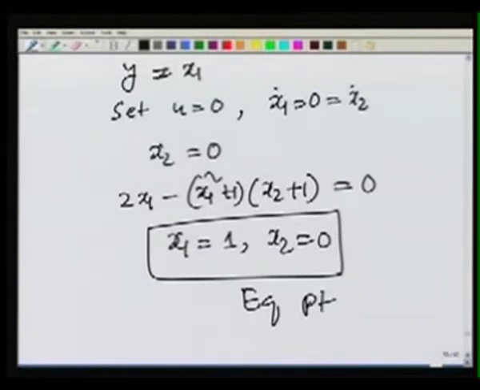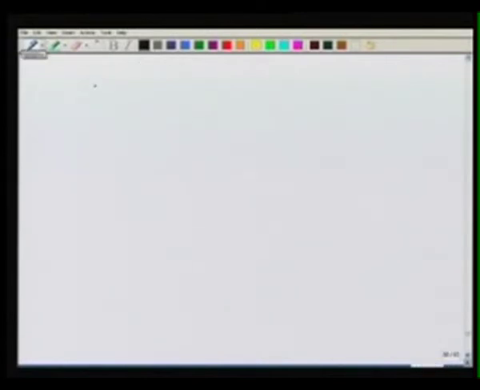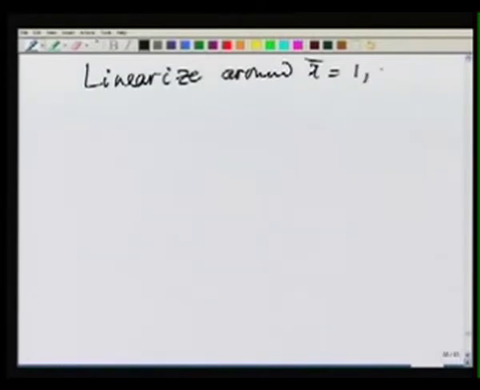So, at this equilibrium point we have to linearize the system. So, linearize around the equilibrium point, which is 1 and 0.